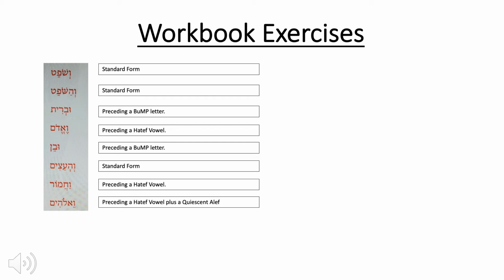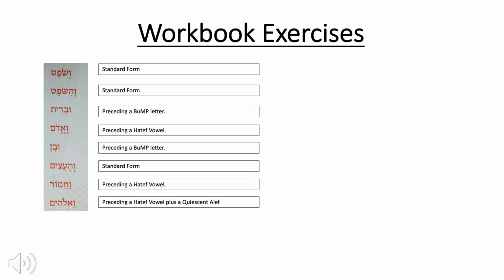Our rule of shva says that when we affix a letter that has a simple shva in front of a letter with a compound shva, the simple shva becomes the same as the vowel of the compound shva, like in the previous example, vahamor, where the vav took the patak. Here we would expect the vav to take the segol.